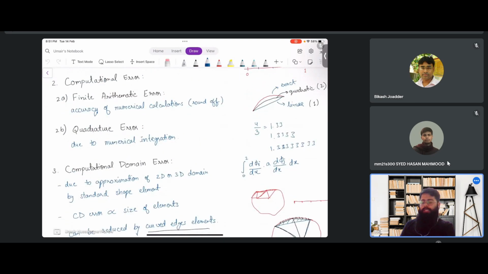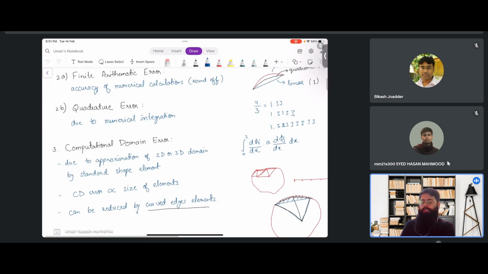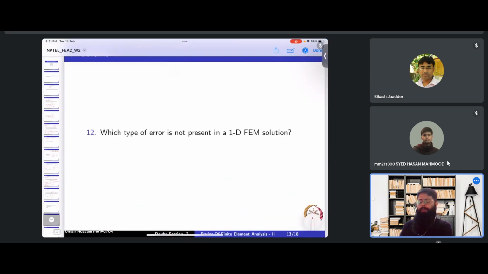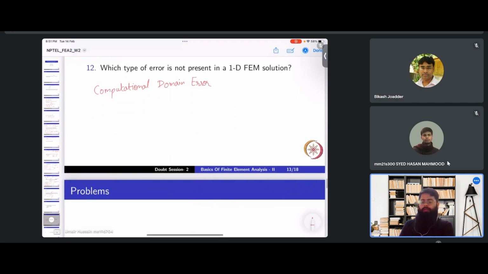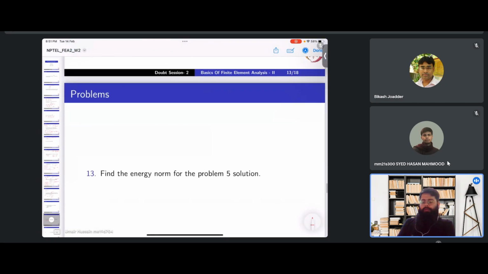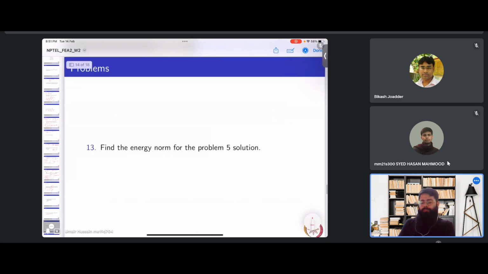Of these three, the third type, computational domain error, is only seen in 2D or 3D domains. So I think this is pretty clear. I don't think anyone should have any doubt about this. If there is, please let me know. Feel free. Otherwise, we can move on to the next problem.